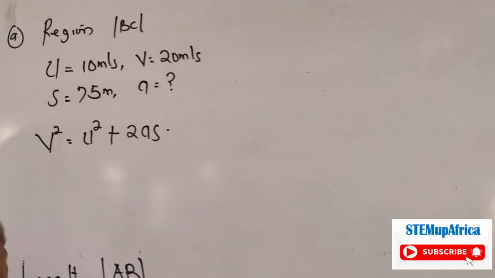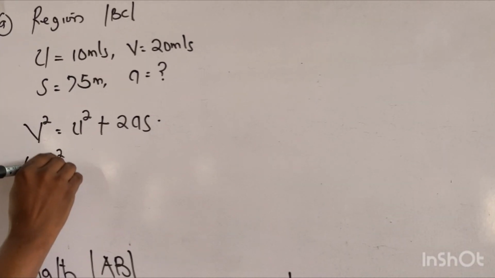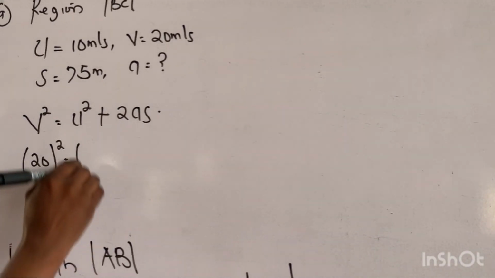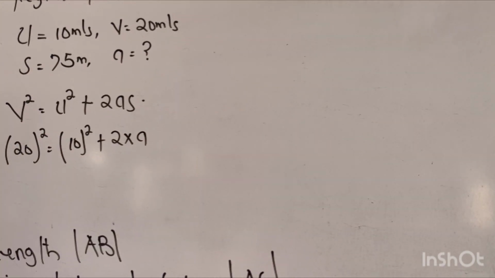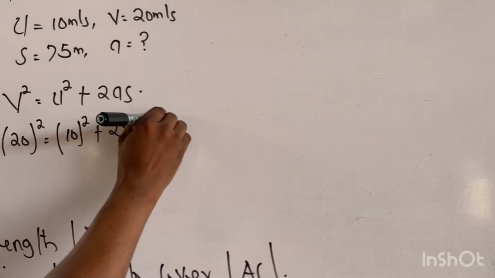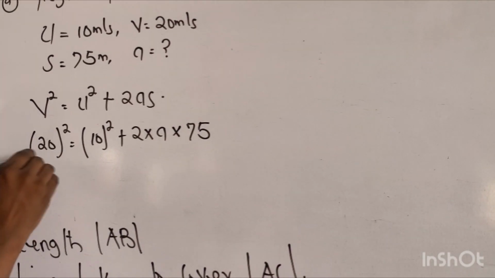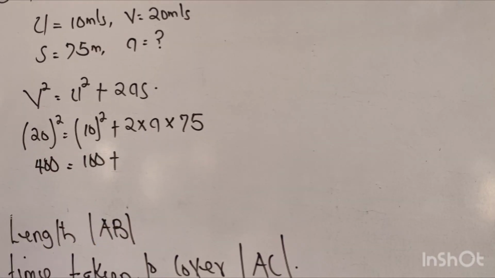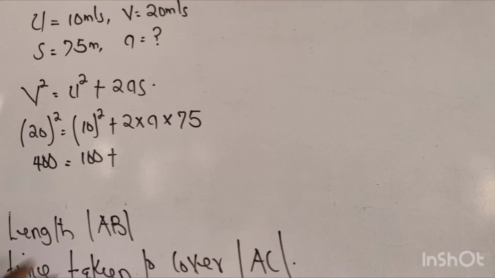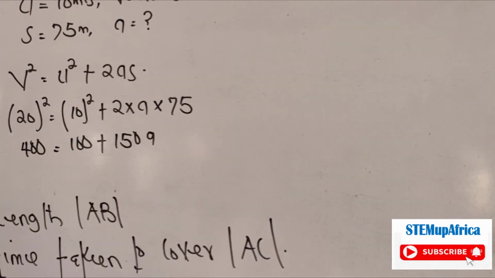If I substitute the values that I have, my v is 20, that becomes 20 squared, equals my u, which is 10, that becomes 10 squared, plus 2 times a, I don't know, times the distance between B and C, which is 75. Simplifying, 20 squared gives us 400, 10 squared is 100, plus 2a times 75, that gives us 150a.